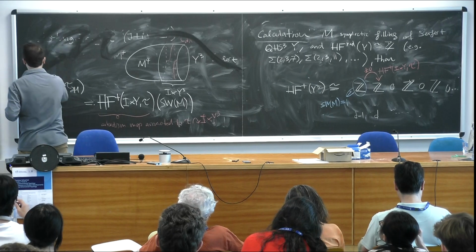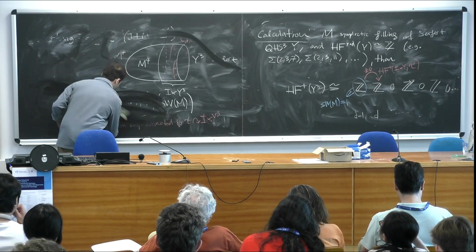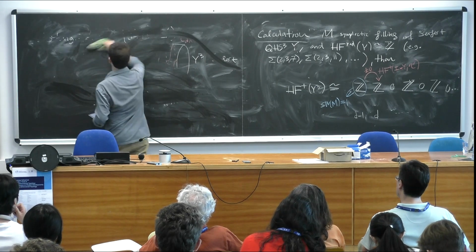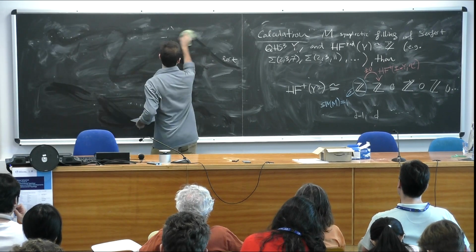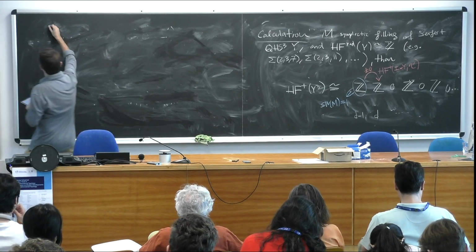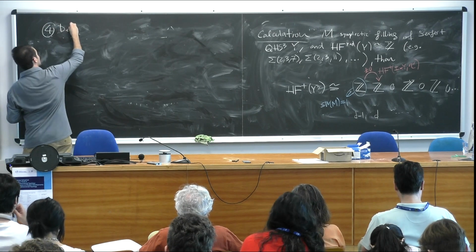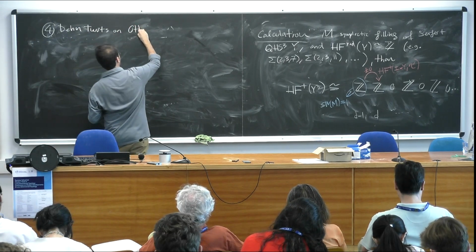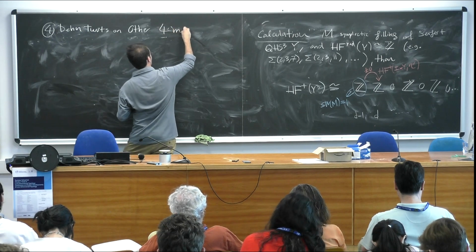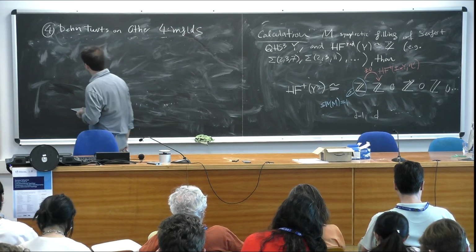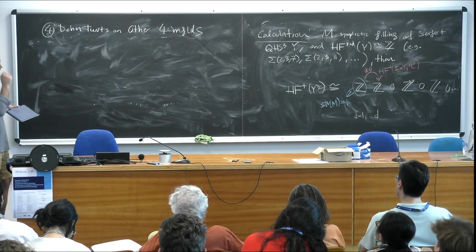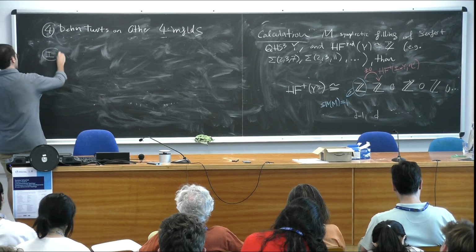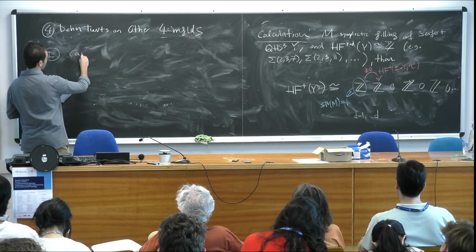In the remaining time, let me discuss some further applications, namely Dehn twists on other four-manifolds. We've been looking at Dehn twists on the boundary of a symplectic filling. We could look at the following alternative paradigm where there's a correspondingly strong result.